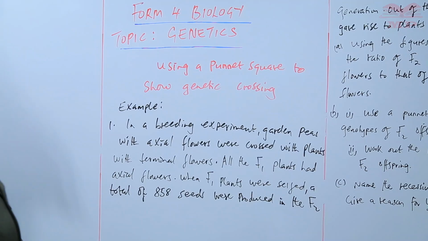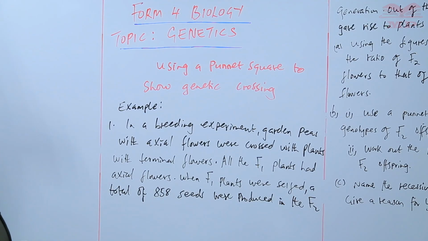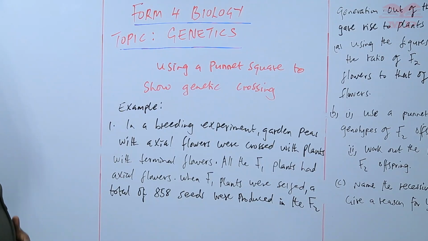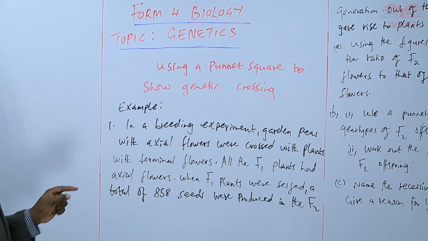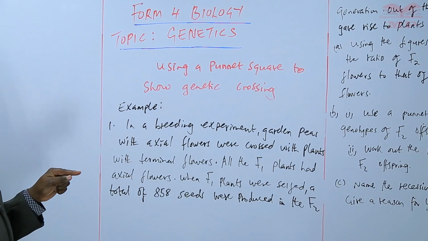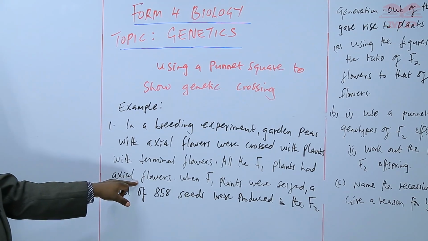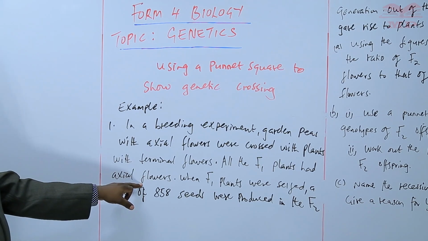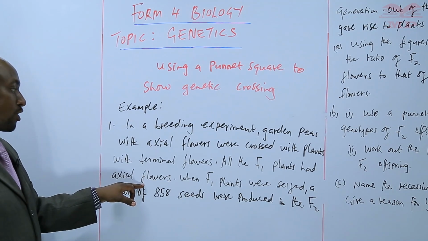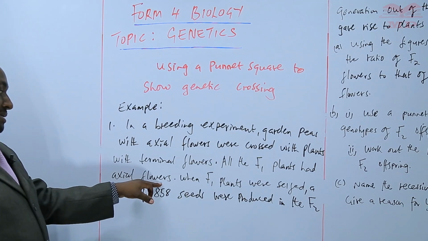We are told that in a breeding experiment, garden peas with axial flowers were crossed with plants with terminal flowers, and then all the F1 plants had axial flowers. So we are crossing the axial flowers with the terminal flowers, but we are getting all axial flowers.